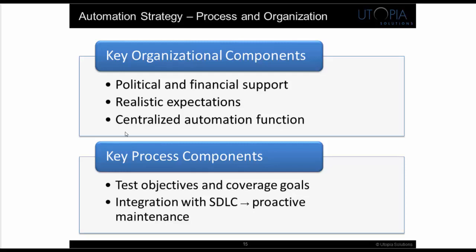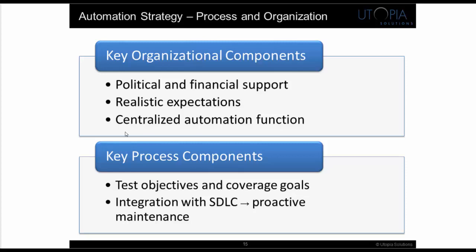We see that in most cases a centralized automation function, even if it's just virtually centralized in terms of resources, where those skills and experience and technology can be evolved more quickly than if it was dispersed across different projects or teams or business units.